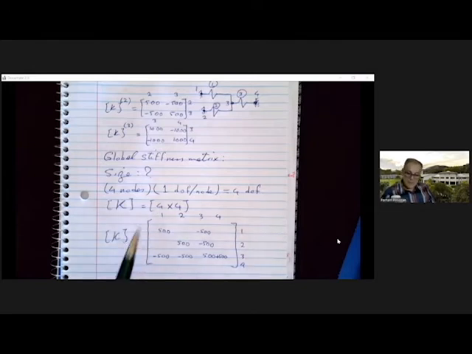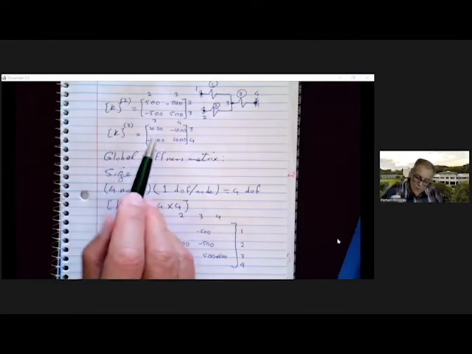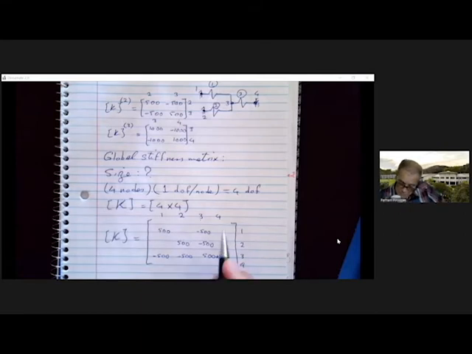And for element 3, it goes from node 3 to 4. So 3 and 4, it comes here. So it adds another plus 1,000. I'm running a little bit out of space here. Sorry, I should have opened a bigger one.